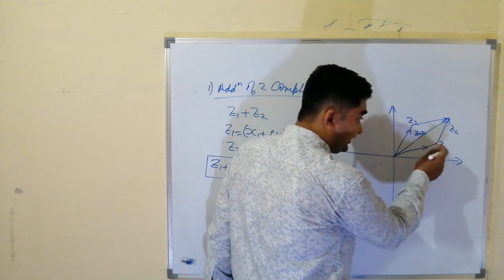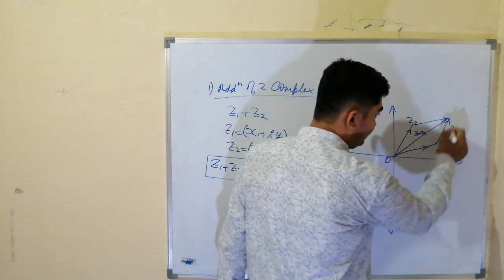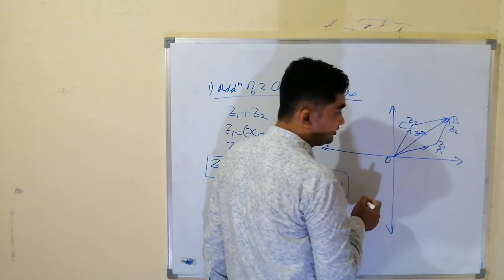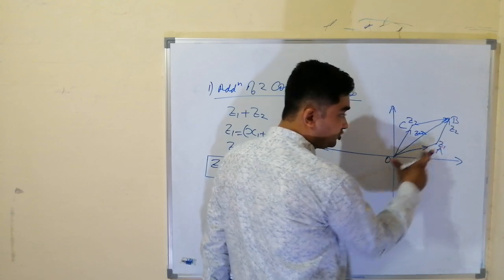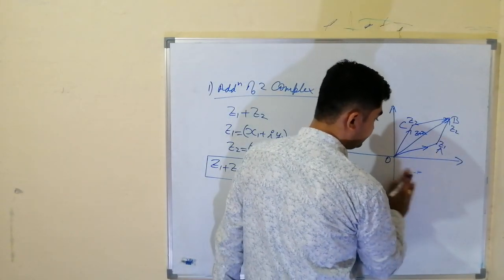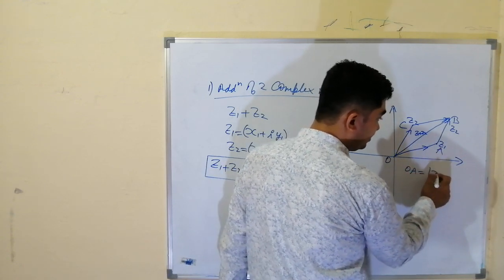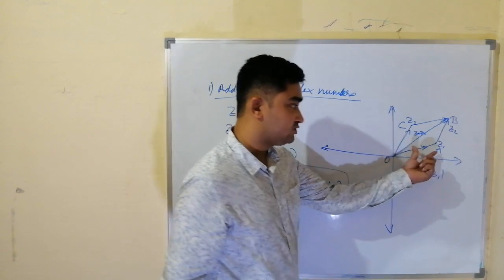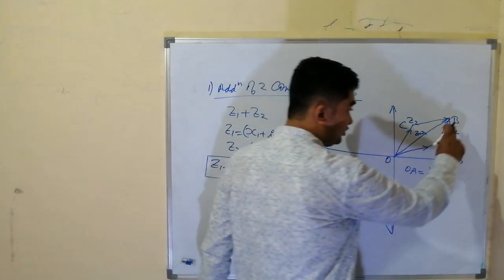Now let us name the points O, A, B, C. If this point is Z1, then what is the length of OZ1? OZ1 is nothing but OA. This point is A. So what is OA? OA is mod of Z1, the distance of Z1 from the origin. Then what is this?